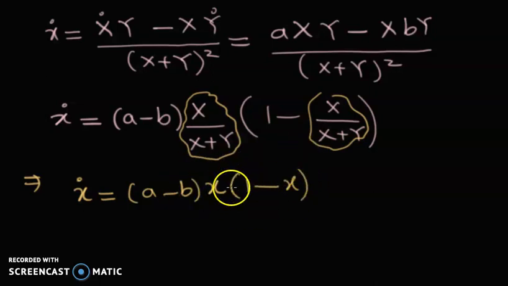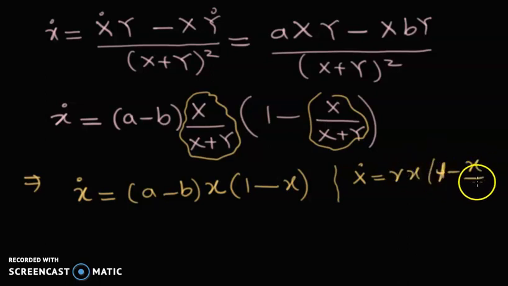Now we can compare this to the logistic growth model. This is exactly the logistic population growth model, not regression, the logistic growth population model. That was x dot equal to r times x times 1 minus x over k.